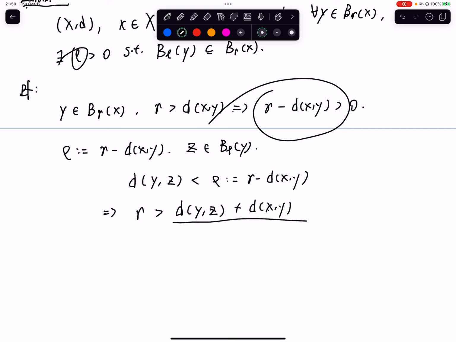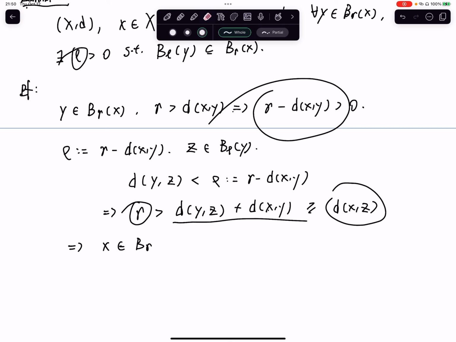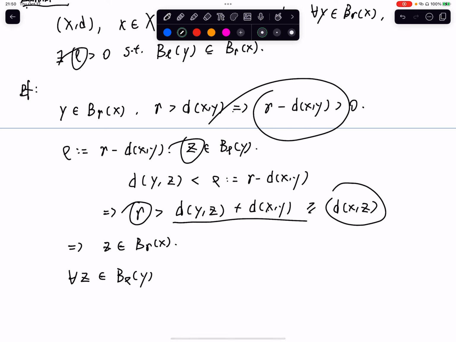And this, by triangle inequality, is greater than or equal to d(x,z). So r is greater than d(x,z). This means z lives in B_r(x). And since z is arbitrarily chosen, for all z in B_rho(y), z also lives in B_r(x). So B_rho(y) is a subset of B_r(x). So we're done.